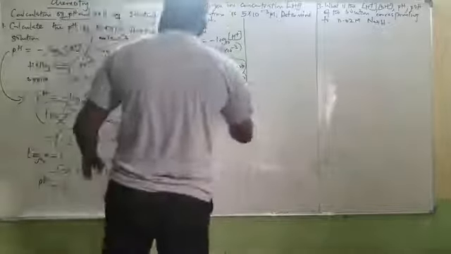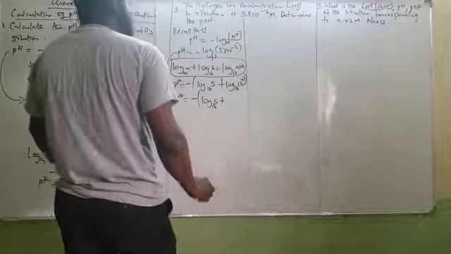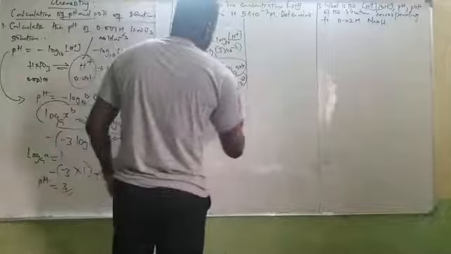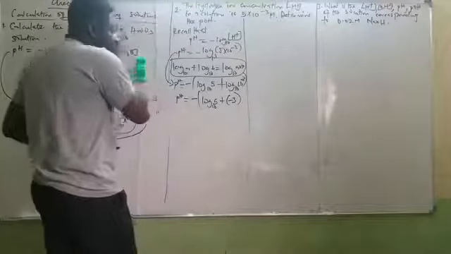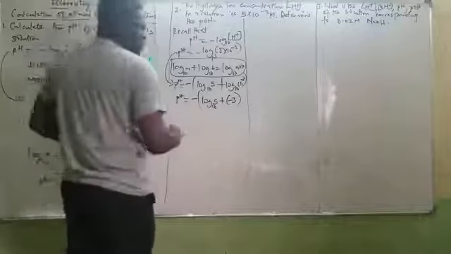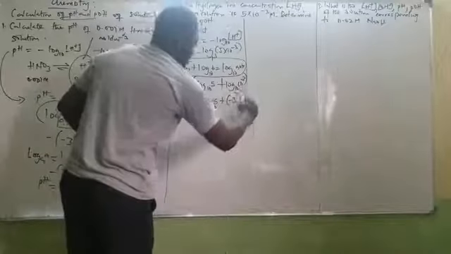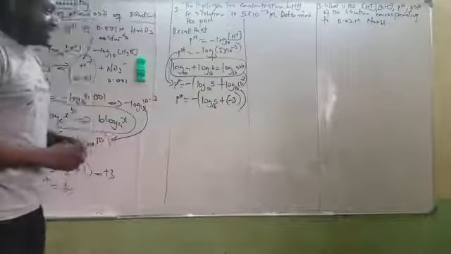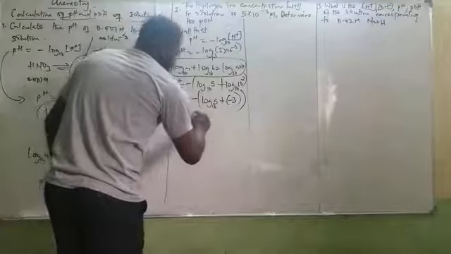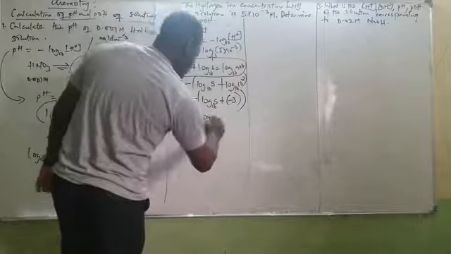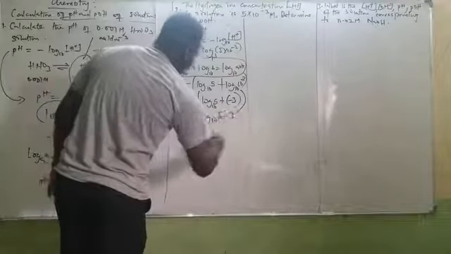So this automatically gives us something like this, minus 3, right? Because this becomes 1, right? So I can close my brackets. Okay, so if I bring this, I have minus log 10/5 minus 3.